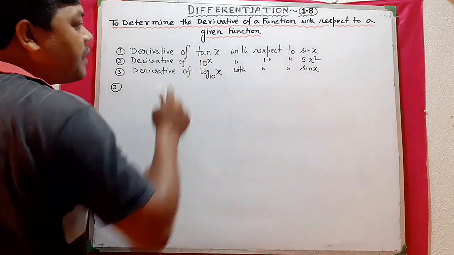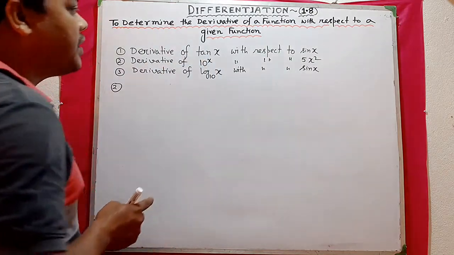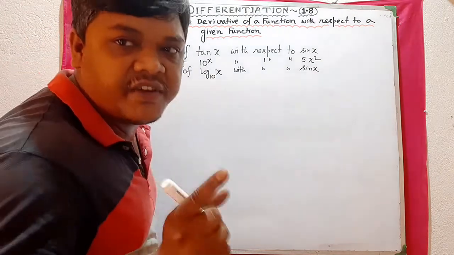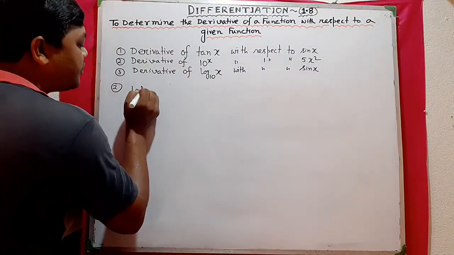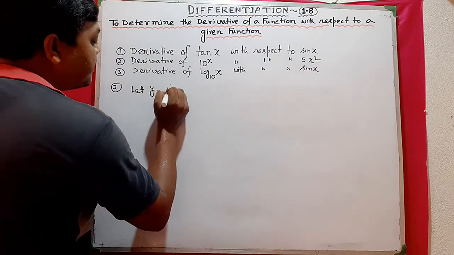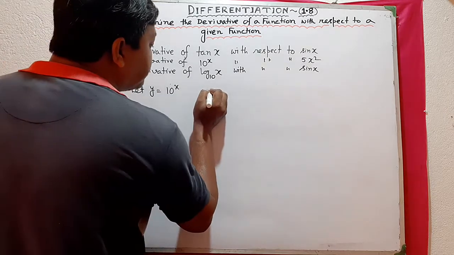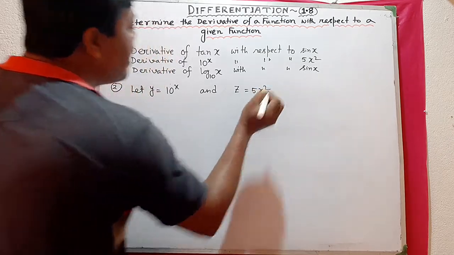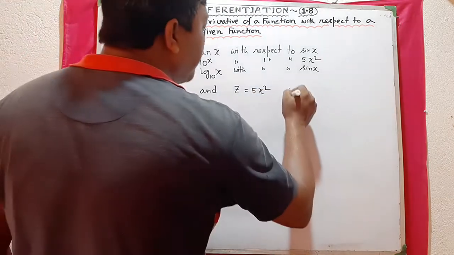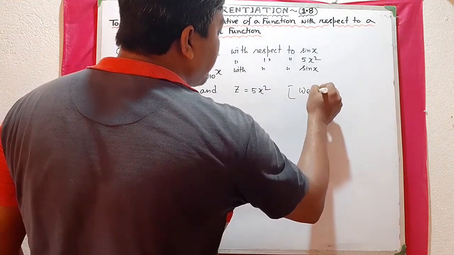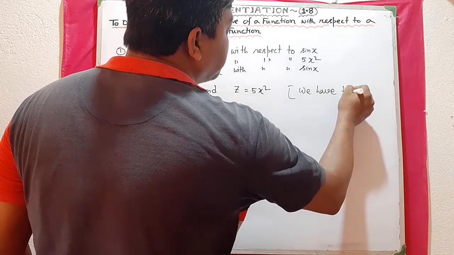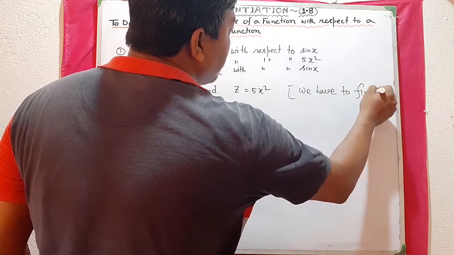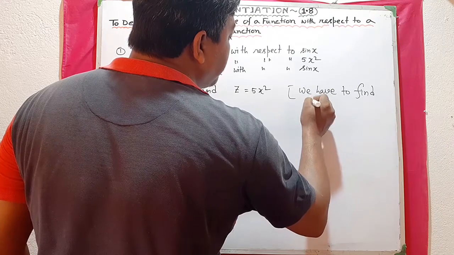Derivative of 10 to the power x with respect to 5x square. So similarly, let y equal 10 to the power x and z equal 5x square. What is our goal? We have to find dy/dz.